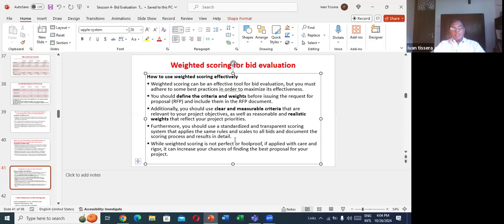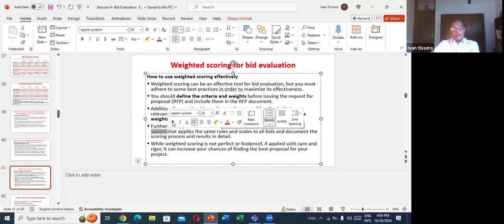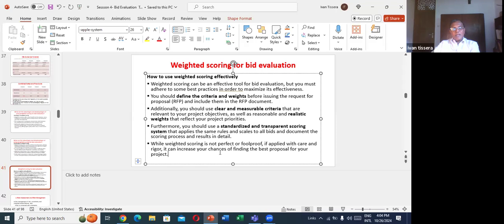Furthermore, you should use a standardized and transparent scoring system. Whatever scoring you give, you should use a standardized and transparent scoring system that applies the same rules and scales to all bids and document the scoring process and results in detail.